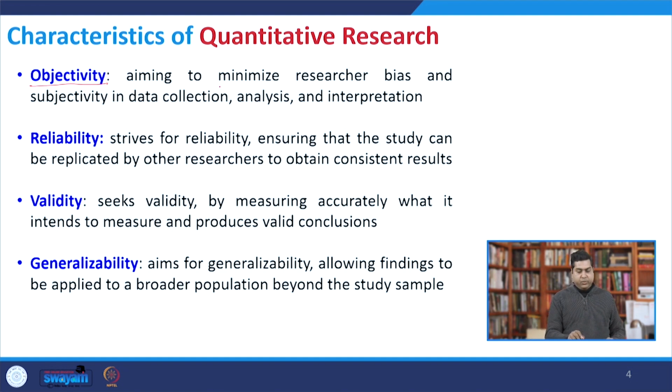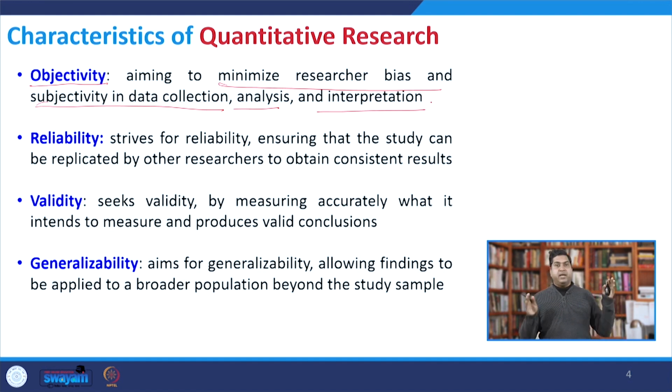It aims to minimize the researcher's bias and subjectivity in data collection, analysis and interpretation, because whenever it is actual data, there is nothing called perception. So we are reducing subjectivity and we enhance the objectivity of the analysis in this quantitative research approach.